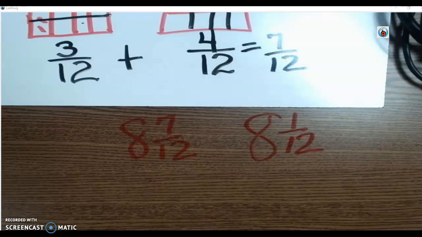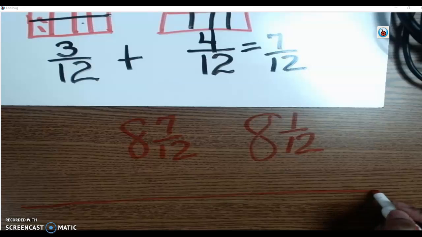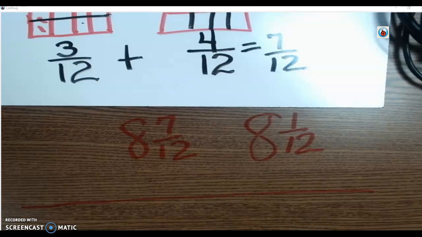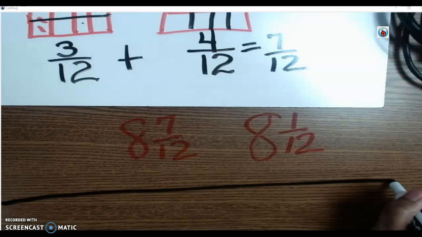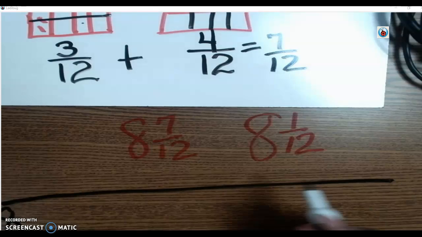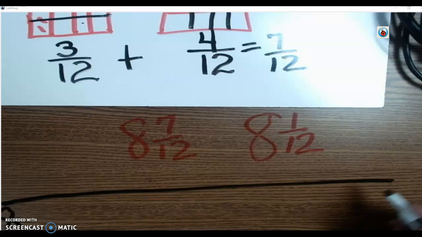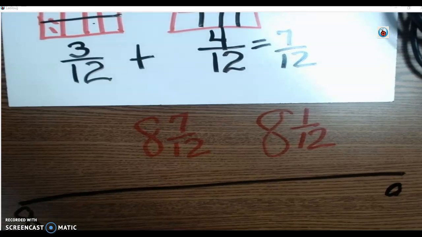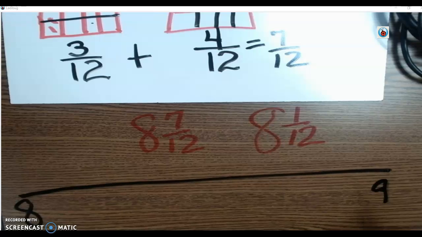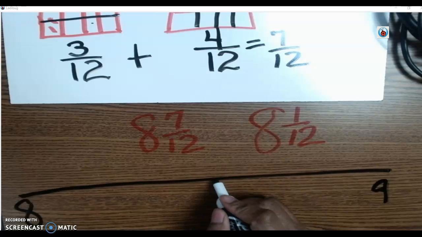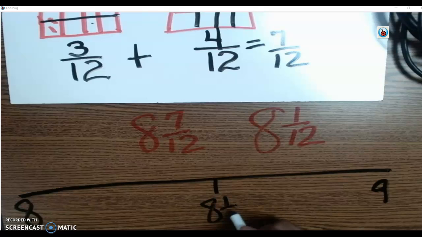All right, so if we created a number line. Here's our number line. We start at 8. We go to 9. We know 8.5 is going to be in the middle.